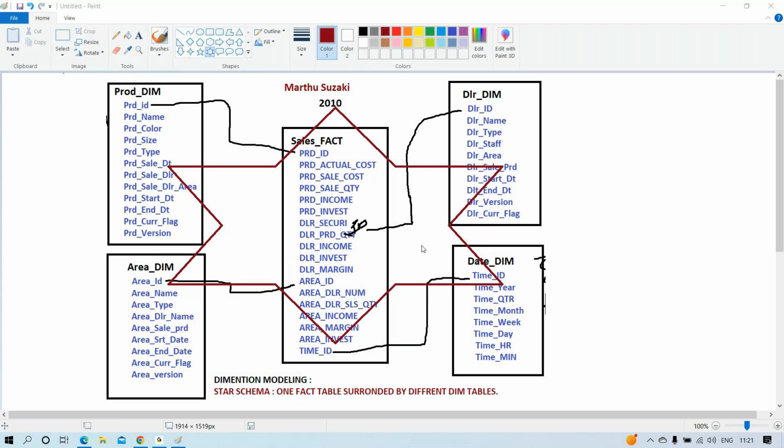There are multidimensional, ROLAP, MOLAP concepts. Once the data is loaded into the warehouse, who is going to pull the data from there? ETL people will load into dimensions and facts. From there, reporting people will pull. To give more benefits to the reporting people, MOLAP and ROLAP were used.